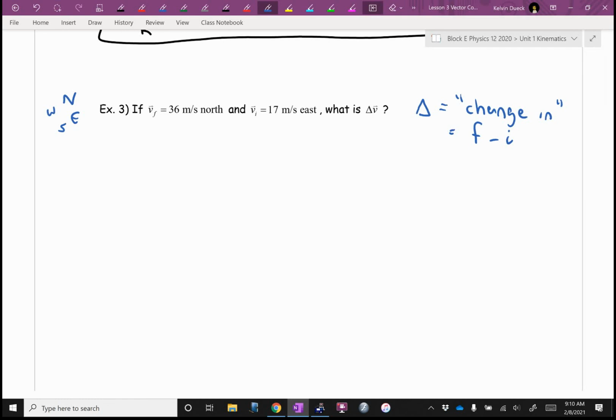Now, if it's a scalar, you just go final minus initial. But if it's a vector, you're subtracting vectors. How do you subtract vectors? We don't. We add the opposite. So if I want to find the change in velocity, delta V, that's going to be V final plus the opposite of V initial.